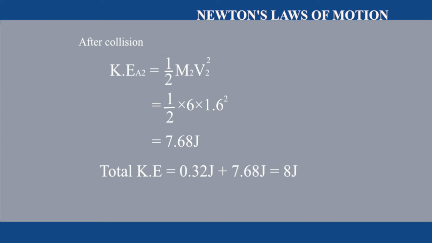So the total kinetic energy is 0.32 joules plus 7.68 joules, which is 8 joules. As we can see, the total kinetic energy is the same as before collision. That is, it is conserved as well as momentum.